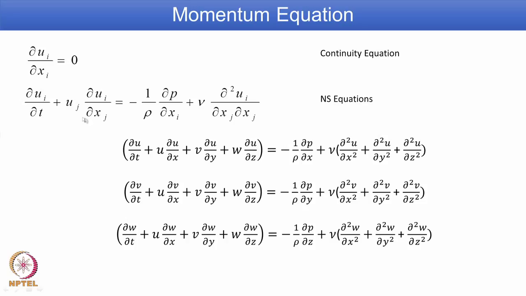When j is 1 it is u with x, when j is 2 it is v with y, and when j is 3 it is w with z. Putting them together you get ∂u/∂t + u ∂u/∂x + v ∂u/∂y + w ∂u/∂z.